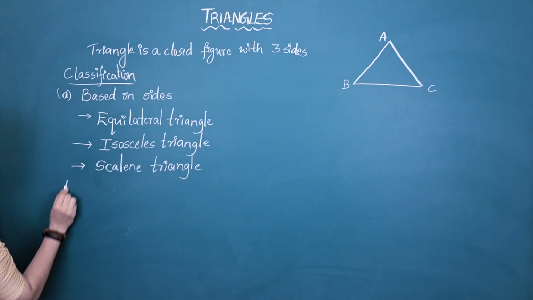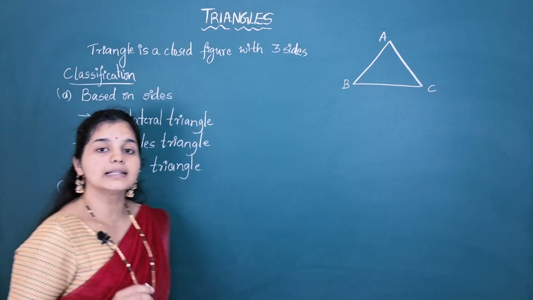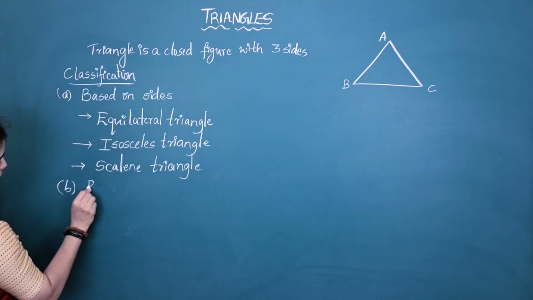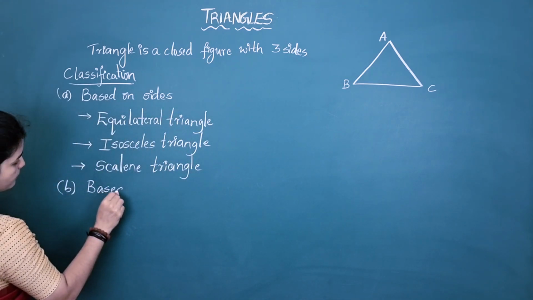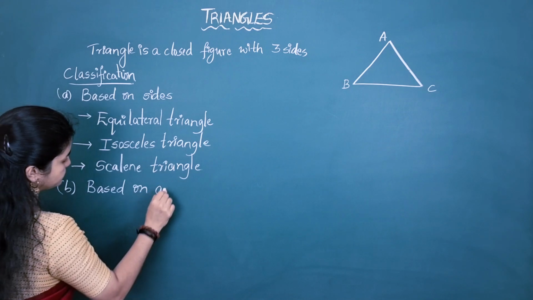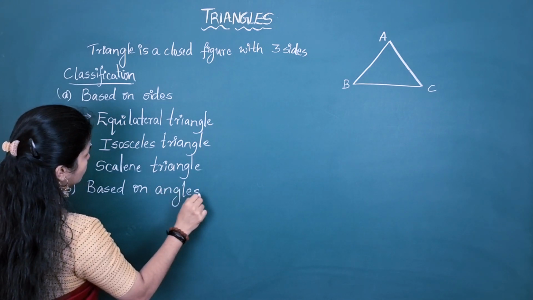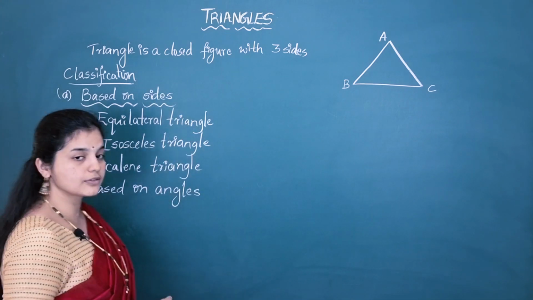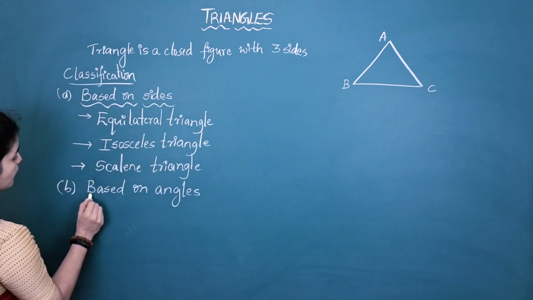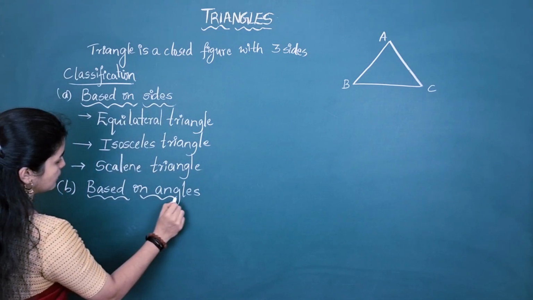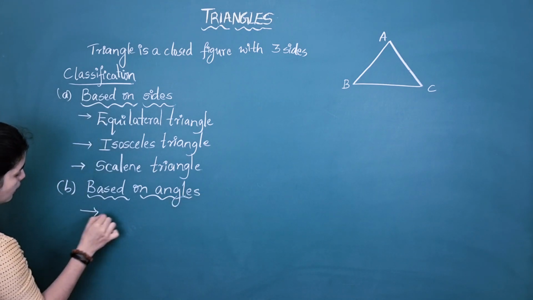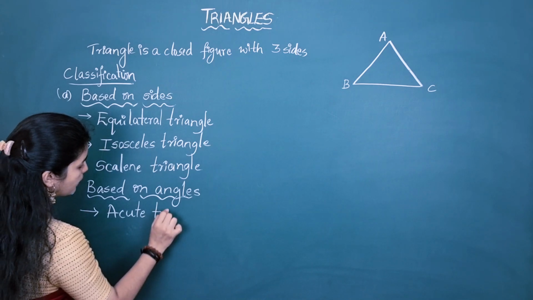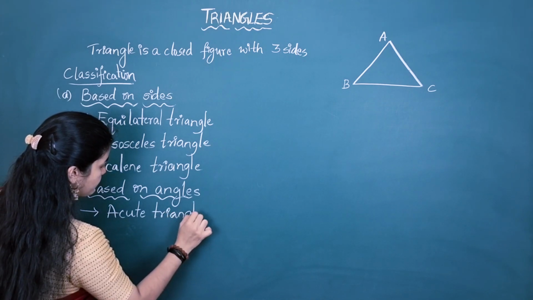Secondly, you can classify based on angles. Looking at the angles, you can classify triangles into 3 types. So the second one here is based on angles. So based on sides we have equilateral triangle, isosceles triangle and scalene triangle. Now based on angles, we have acute triangle or acute angled triangle.